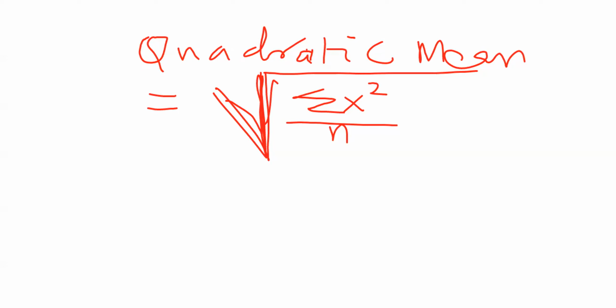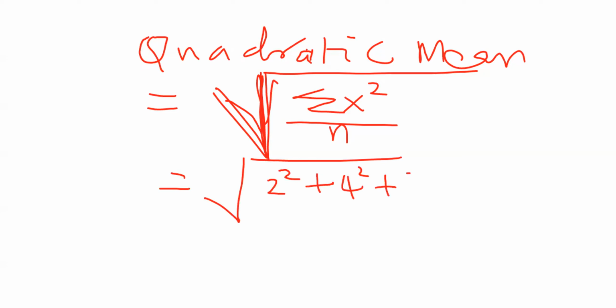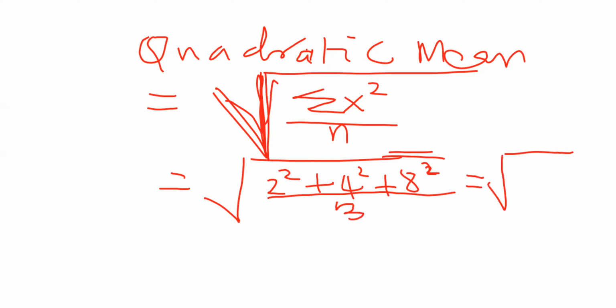So automatically, we have 2 squared plus 4 squared plus 8 squared, all over 3. It's just to remember the formula; once you remember the formula, the problem becomes so easy. Even your calculator can do it.